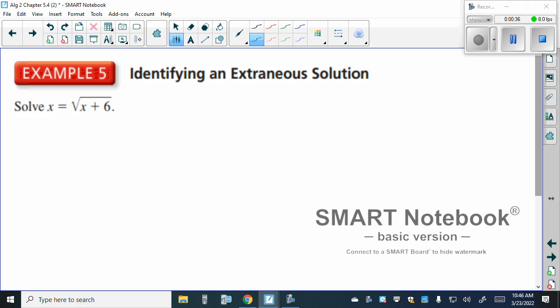So we look at this setup here, x is equal to the square root of x plus 6. Our first main step is to get the radical by itself. Is it? Yes, okay. Our second step was to put both sides to the nth power, in this case to the second.